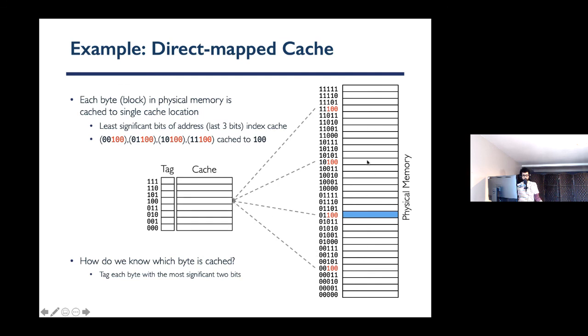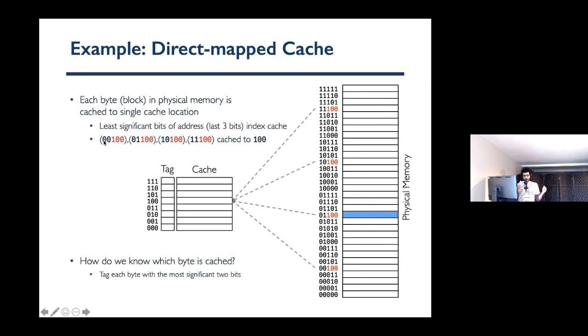It could be this one, this one, this one, or this one. How do I realize which one I'm using? So I need to tag them. What do I use for tag? I use the remaining 2 bits to tag them. So I look at the tag. If the tag that I have stored for this location matches the last 2 bits, then it's a hit. And if it doesn't, it's a miss.